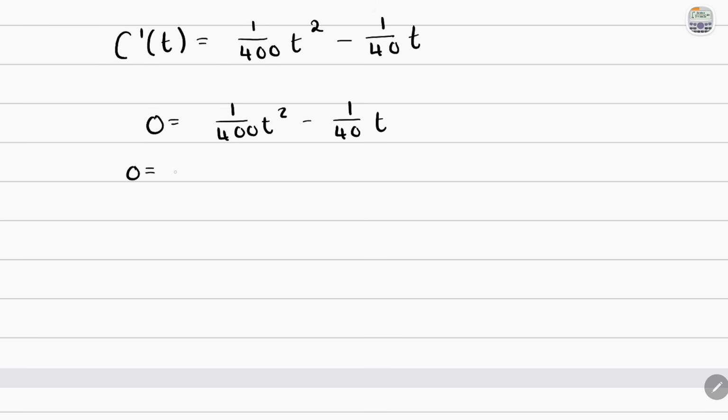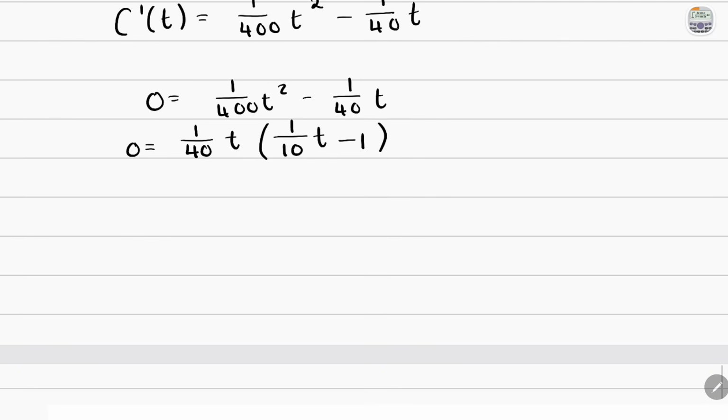So what I can do here is just take out 1 over 40 as the common factor, and a t as well, and then open the bracket. The 1 divided by the 1 gives you 1. The 400 divided by the 40 gives you 10, and then you have t squared divided by t, which is just t. And then here, this is just the same thing, just has a negative. So this is just minus 1.